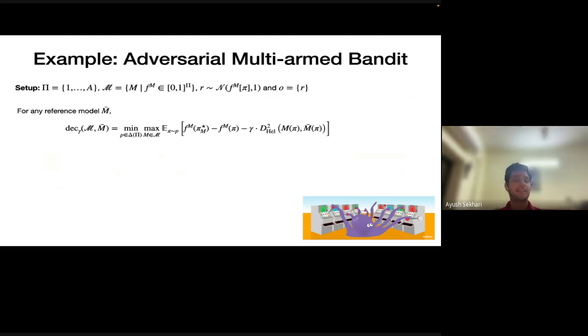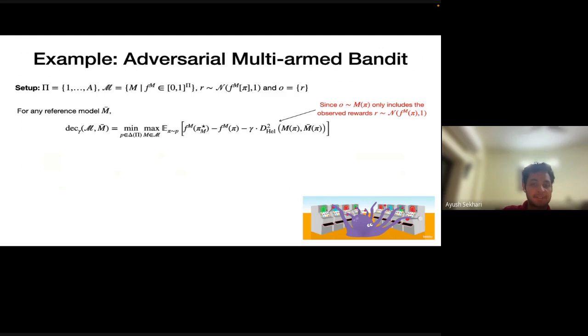For this problem, for any reference model M bar, the decision estimation coefficient for this model class script M with respect to M bar is as follows. This is just copying the definition from 2 slides before. Note that this has a dependence on this Hellinger divergence between M pi and M bar pi. But notice that all we get by interacting the model and the policy pi in this case is an observation, which includes a reward drawn from a Gaussian distribution with mean of f_M pi and variance 1.